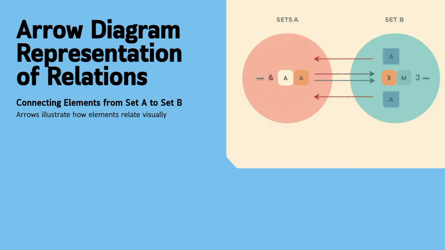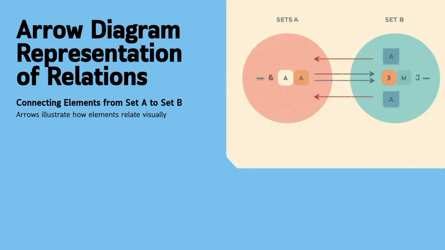Now let's look at our first method, the arrow diagram. The arrow diagram is a visual representation where we draw set A on the left, set B on the right, and then connect elements with arrows.